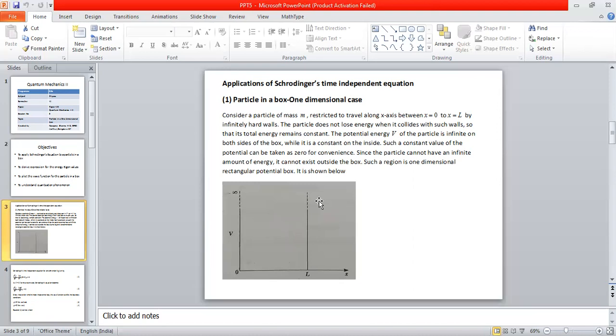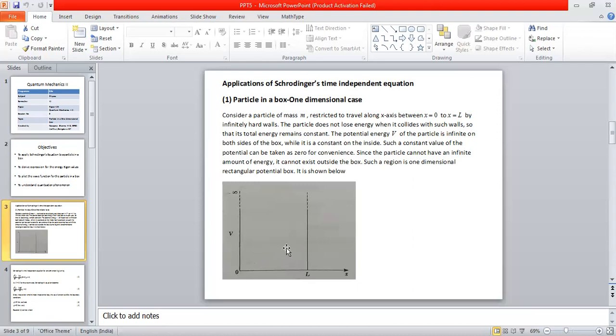So we can assume that the potential energy of the particle inside this region is 0. Therefore, we can assume that the particle is trapped between the two boundaries, x equal to 0 and x equal to L.